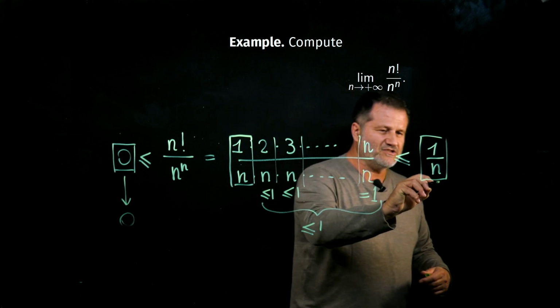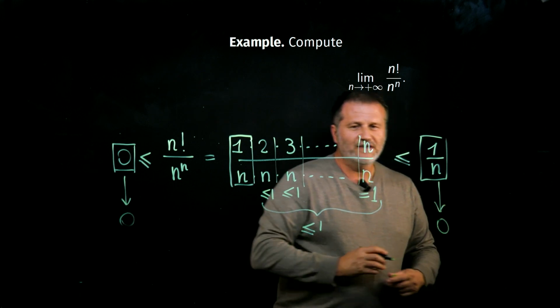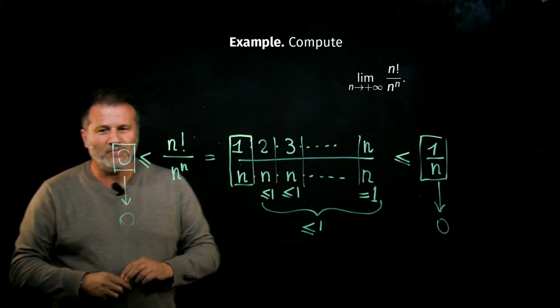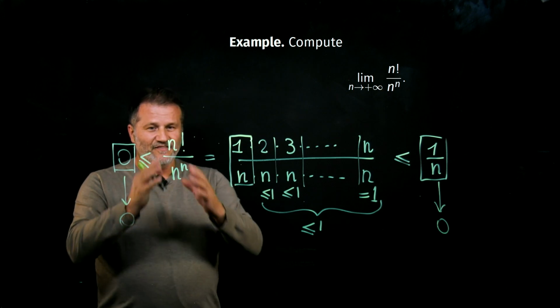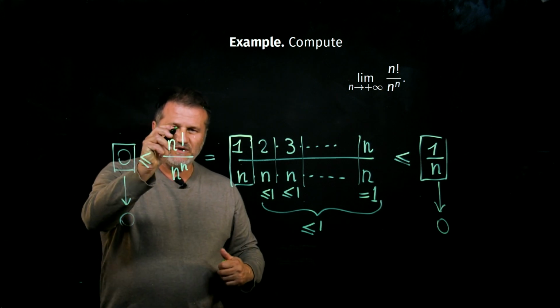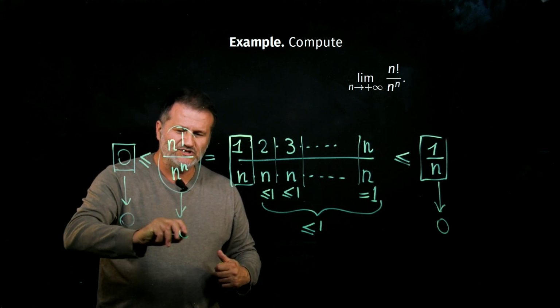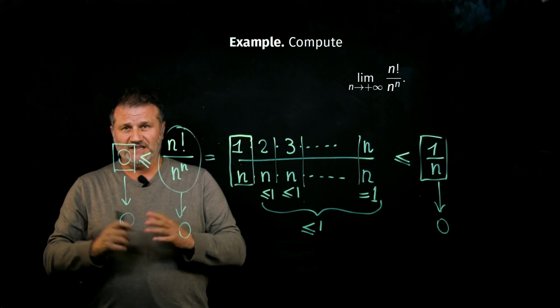This one because it is constant, this one because we know it is one of the simplest examples of a finite limit. Therefore, also the sequence we have here in the middle must go to 0 because of the squeeze theorem.